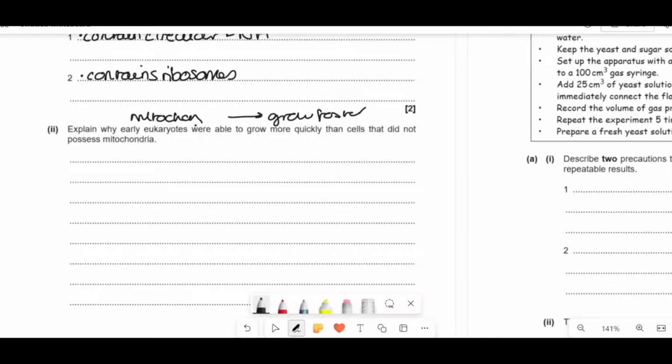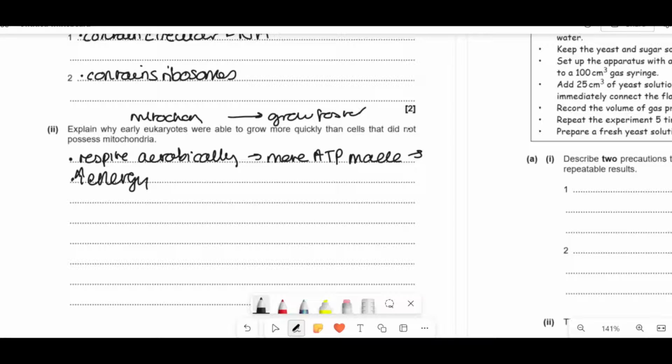Well, the only link would be that they can respire aerobically, which means you've got more ATP production. Therefore, there's more energy, because we're going for growing faster. There's more energy for, and then you need to name something. You can't just say growth. So like protein synthesis, for example, or you could say DNA replication. If you're going to say growth, you have to give it an example. So for energy for growth, for example, e.g. protein synthesis or whatever.